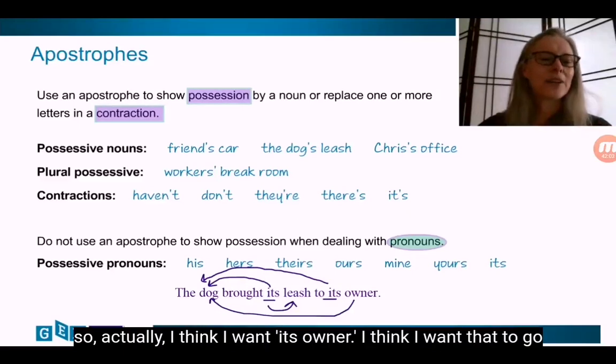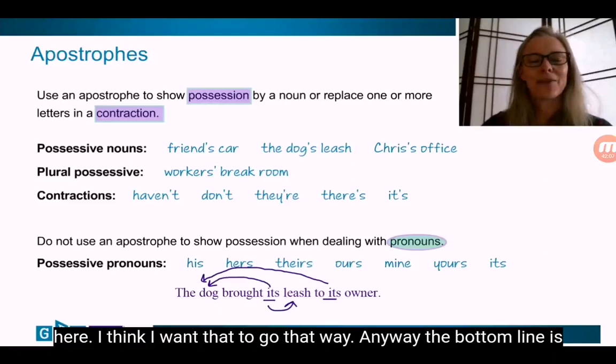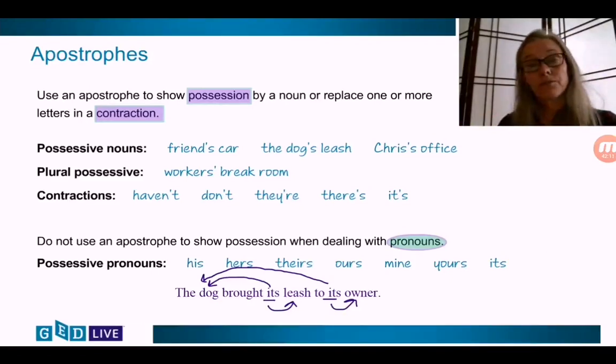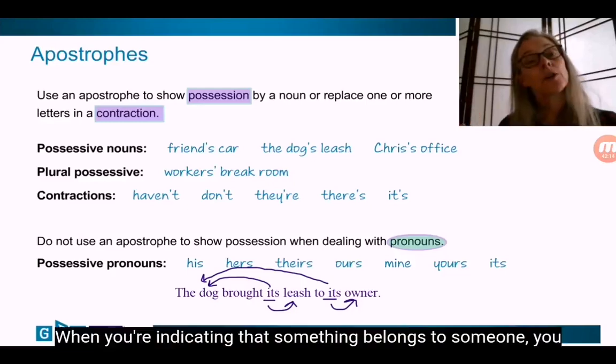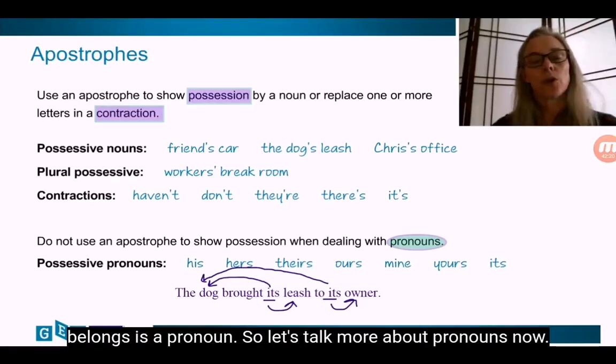So actually, I think I want its owner to go here. Anyway, the bottom line is possession. When you're indicating that something belongs to someone, you need an apostrophe, except when the thing to whom or to which it belongs is a pronoun.